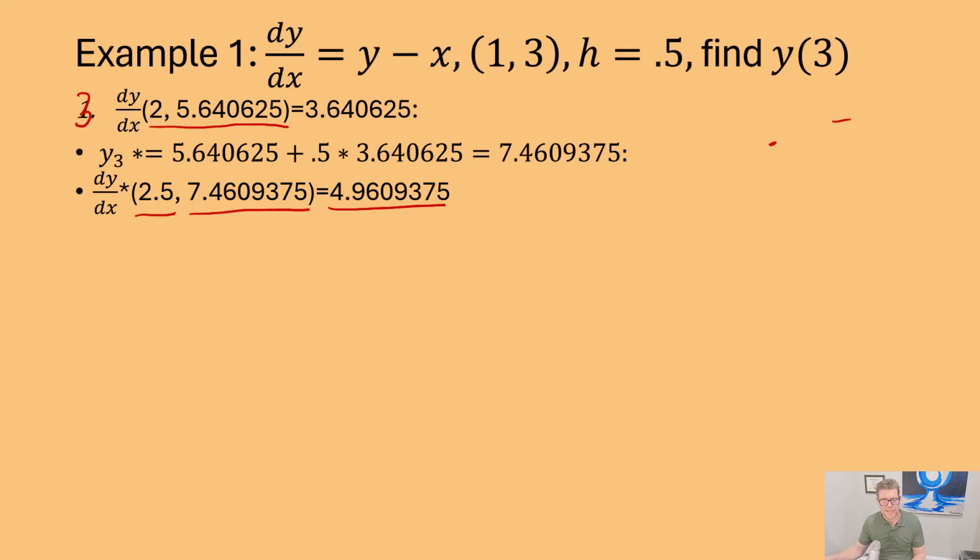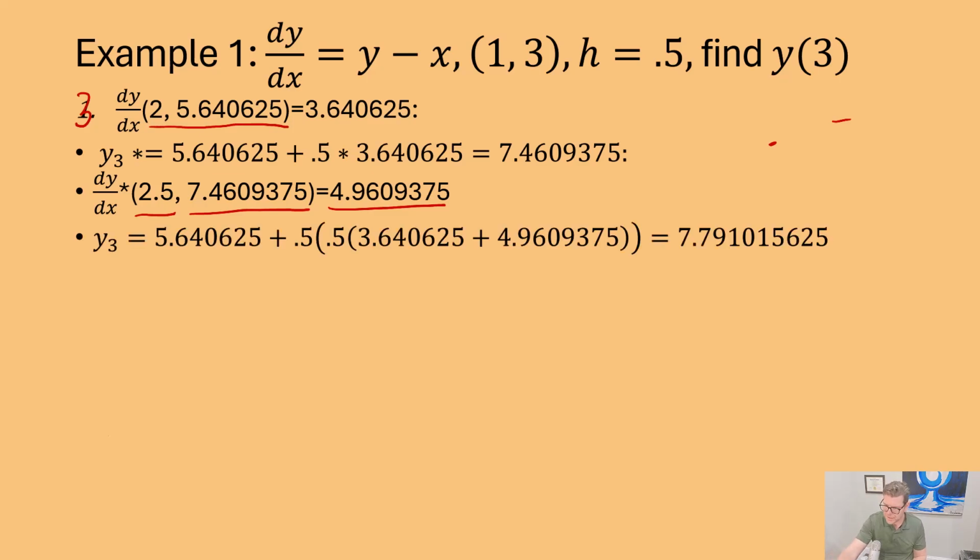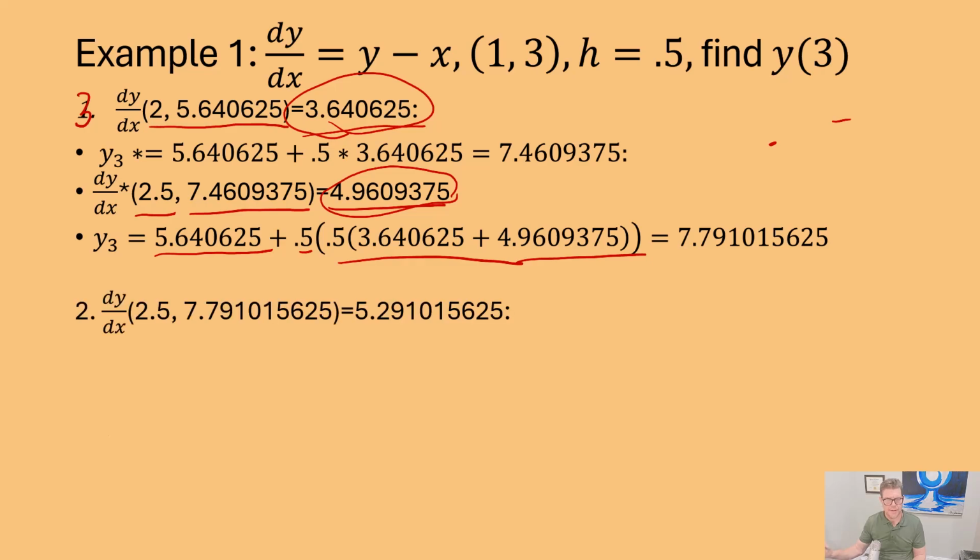And then I use the average of these two slopes in order to compute y3: y2 plus the step size times the average again. Our last step, our fourth step, is going to be dy/dx at (2.5, 7.791015625). And that's going to give me this slope right here, 5.29, etc.